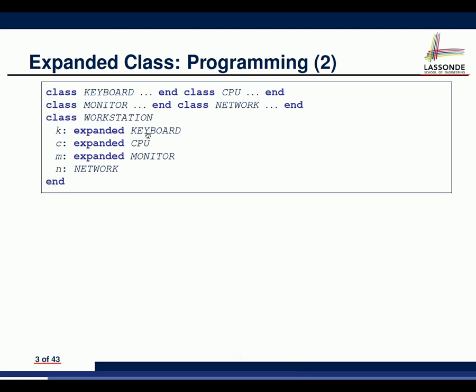We simply say that the keyboard is expanded, which means the keyboard should appear as an integral part of each workstation. Similar for CPU and monitor, and for network, just regular semantics: you maintain a reference to the network. That's one way of writing it. The good thing about this is you only declare expanded when you declare your local variables or attributes. At the class level, you don't have to. That's option number 1.